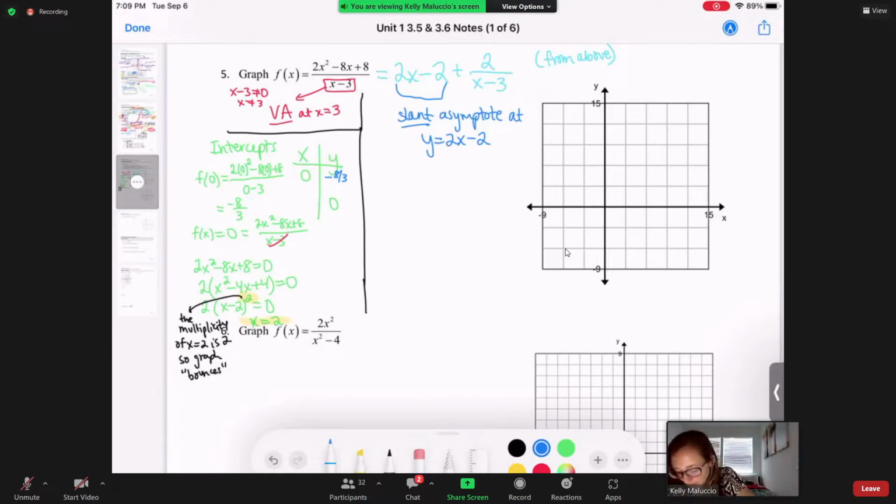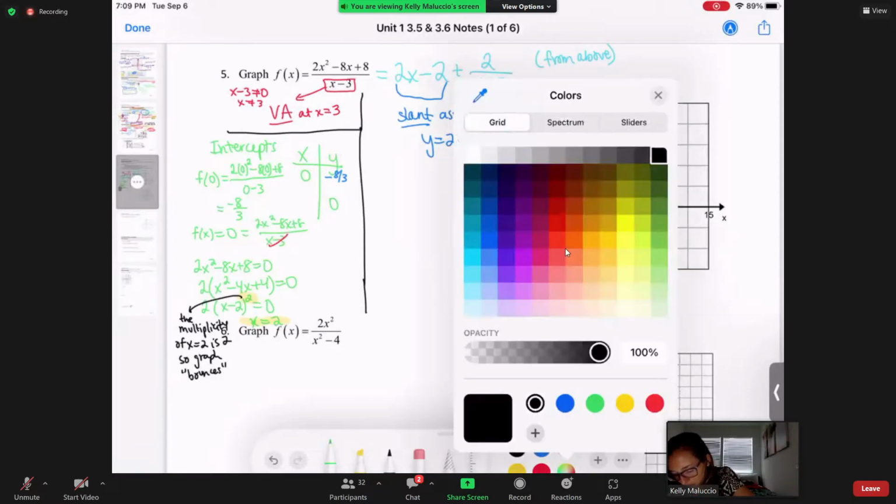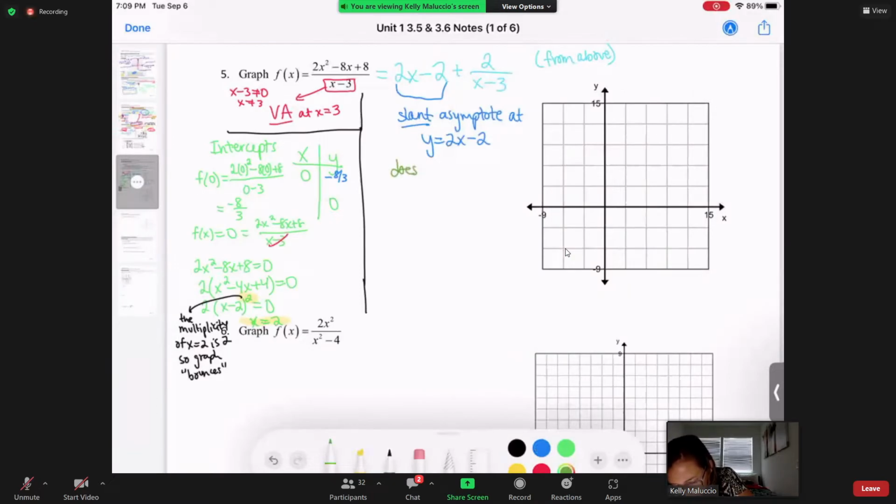This is the same thing. So we want to ask ourselves, does f of x cross the slant?